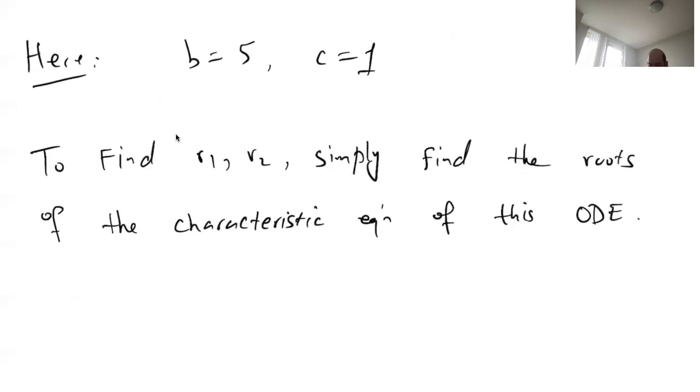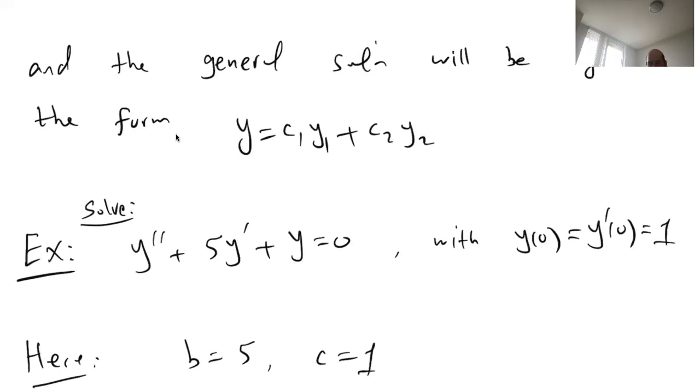And what is the characteristic equation of this ODE? As we mentioned earlier, characteristic equation means we have to use the same coefficients. Coefficients are 1, 5, and 1. And instead of derivatives, we have to use the powers. Instead of the second derivative, we use power 2. First derivative, power 1.